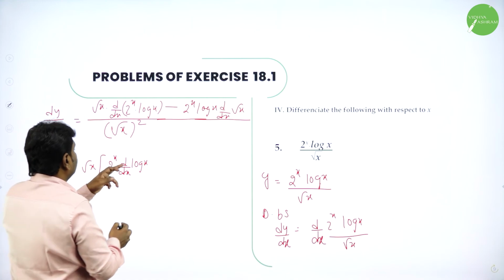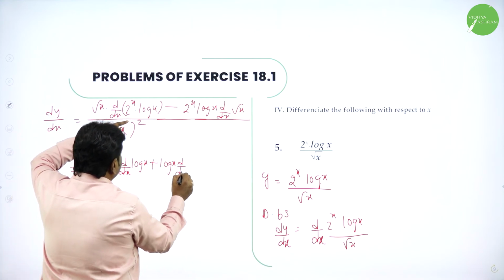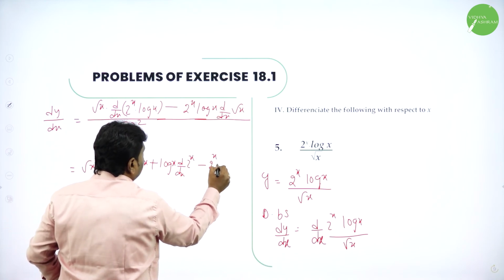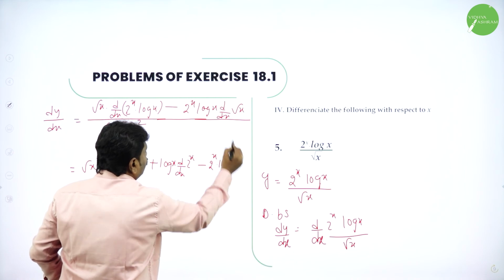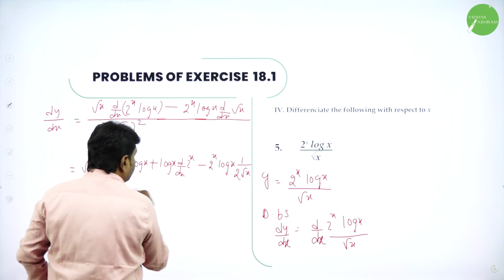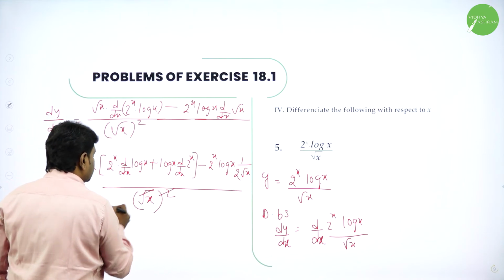Use the product rule. First into derivative of second plus second function, that is log x into d by dx of 2 power x, minus the remaining part, minus 2 power x log x into d by dx of root x, which all of you know is 1 by 2 root x, divided by root x the whole square. Root x the whole square, square root cancels, it will become x.